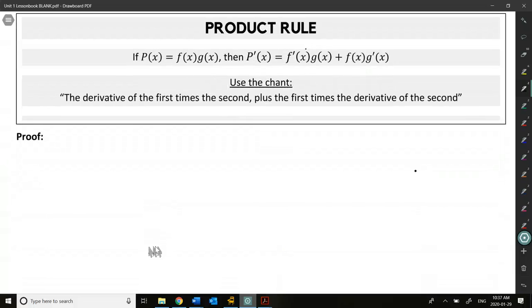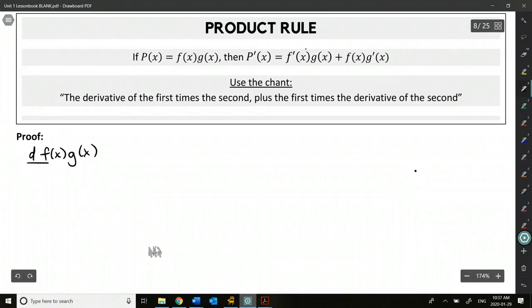So let's take a look at the derivative with respect to x of f at x times g at x. So this is just how we write the derivative of something with respect to x. And we're going to use the Newton Quotient for this. So we're going to use that limit as h approaches 0.